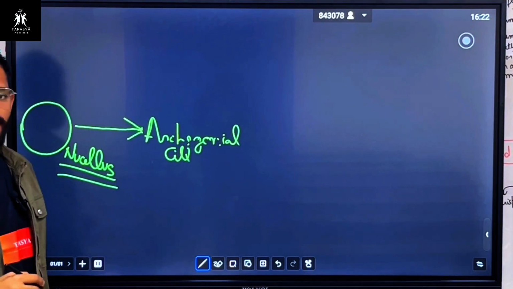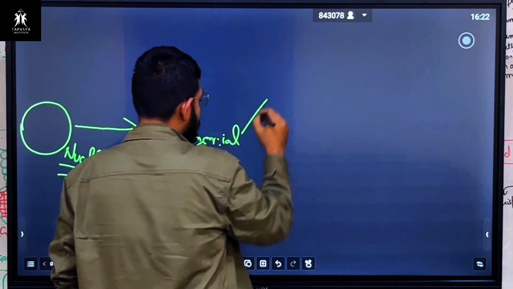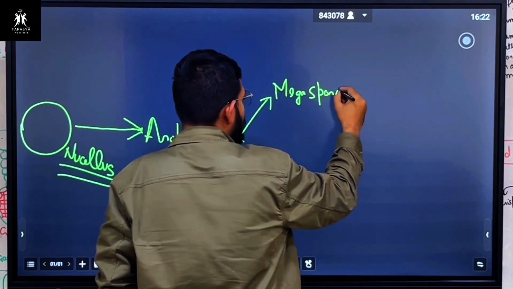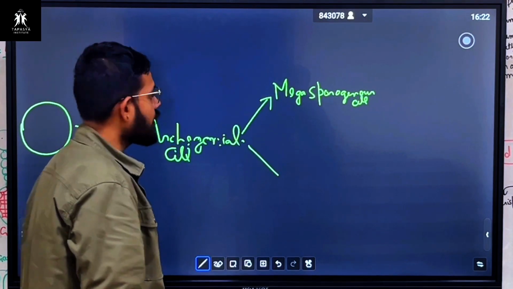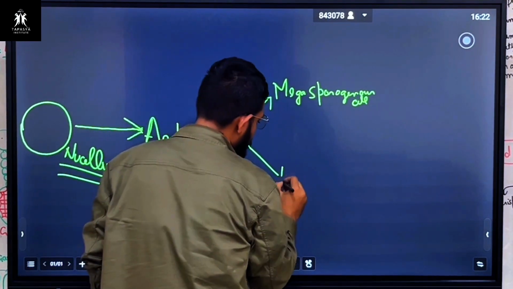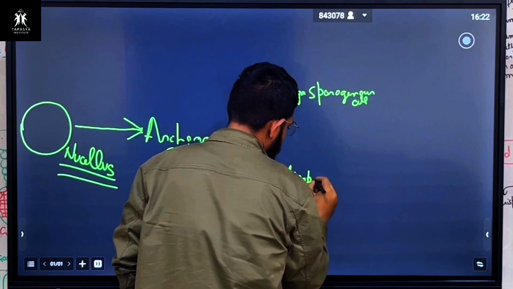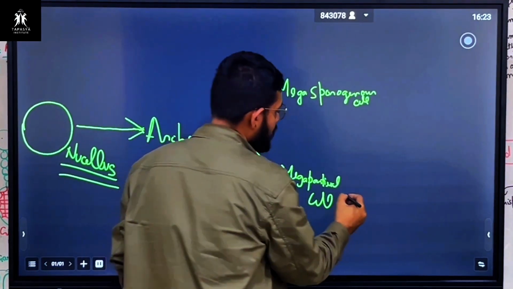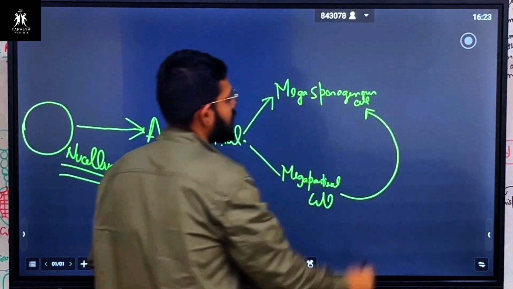Now this archaeosporial cell differentiates into two different cells. The first one is the megasporogenous cell, and the second one is the megaparietal cell. Now this megaparietal cell gives its nutrition to the megasporogenous cell.